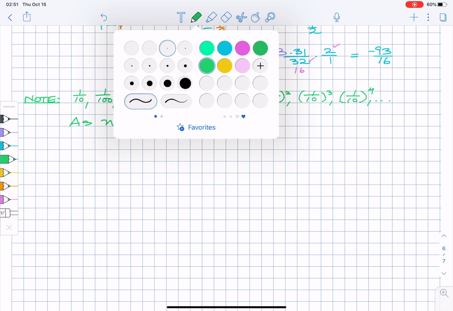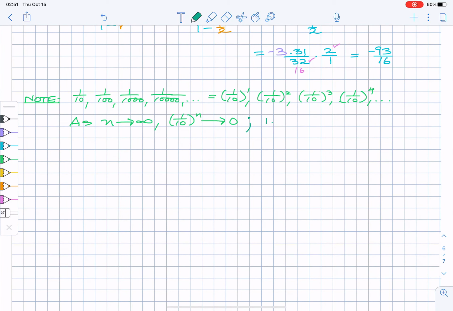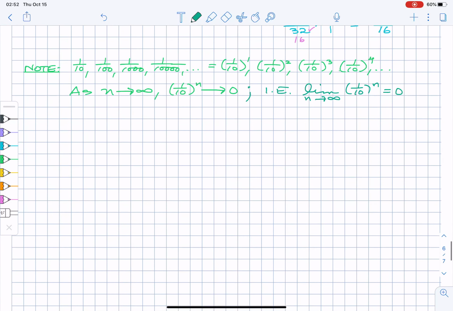That is, i.e. id est, the limit as n becomes infinite of 1/10 to the n is 0, right? Remember that notation from the first 8 weeks of our course? Okay, or trigonometry rather.